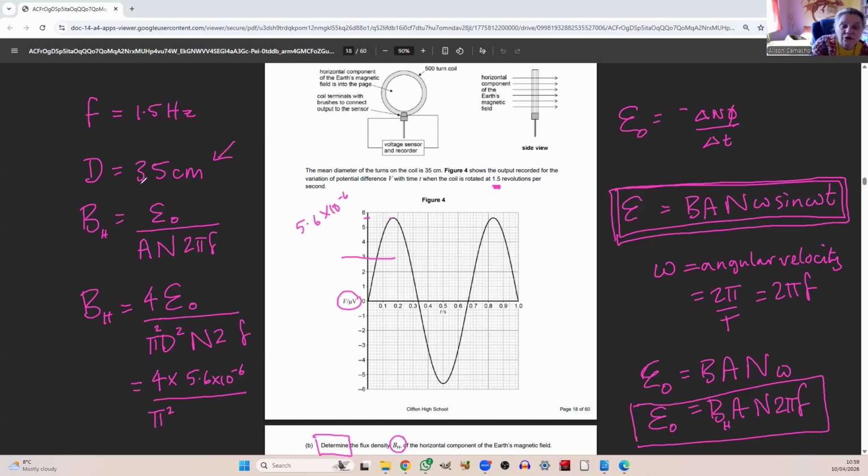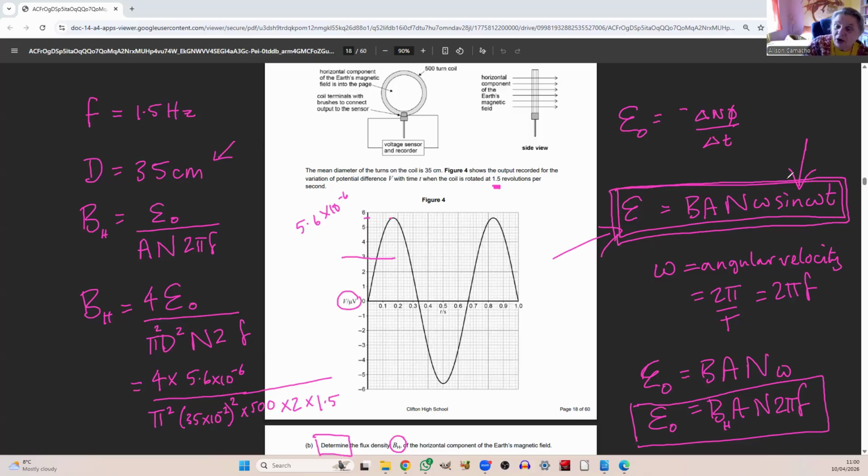D is 35, but it's centimeters, so it's 35 times 10 to the minus 2, and we've got to square it. N was 500 turns. We've got a 2 in there, and we've got f, which is 1.5. Horrible, isn't it? It's not that hard once you've realised that you can use this equation and it's a maximum when that's true.